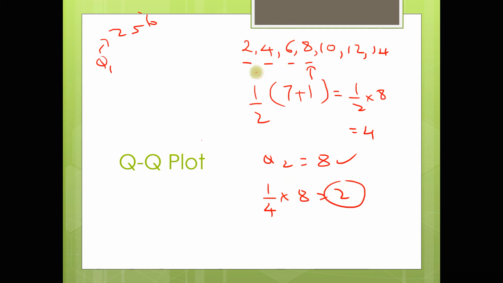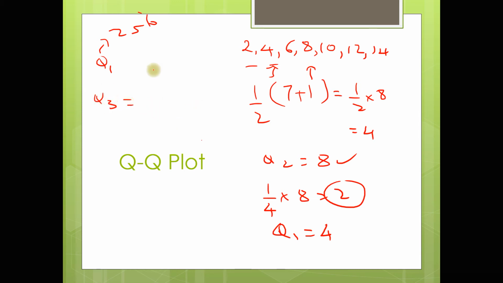So you have the lower quartile equal to the second value. The second value is 4. So in other words, the lower quartile is 4. Here we go. The next step is to find the upper quartile.